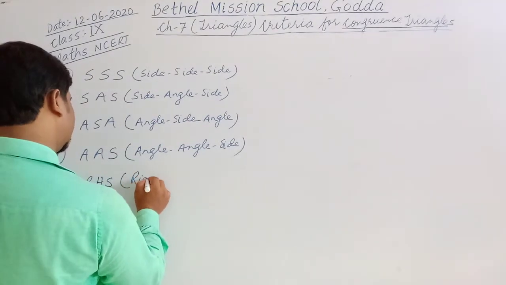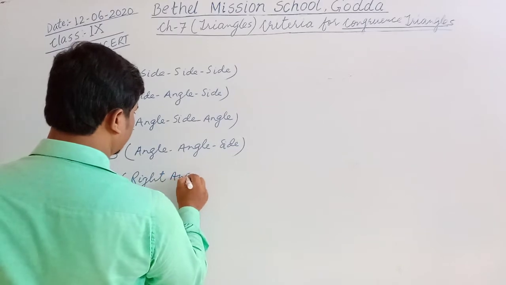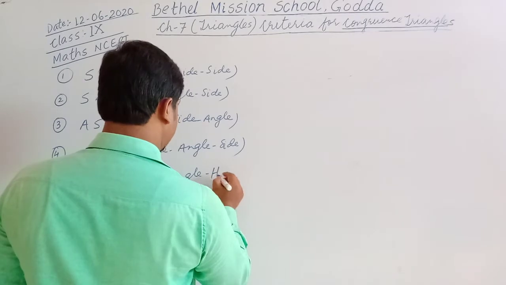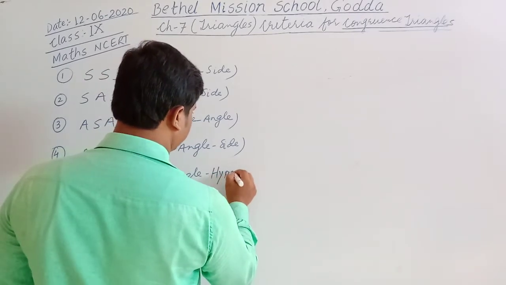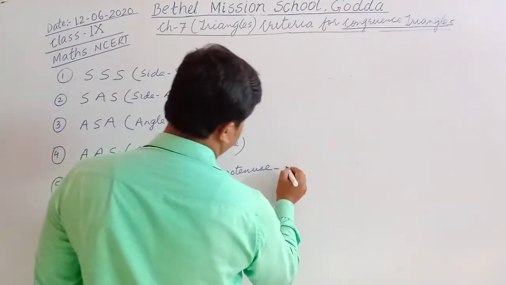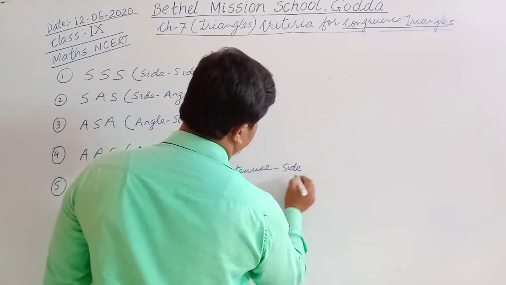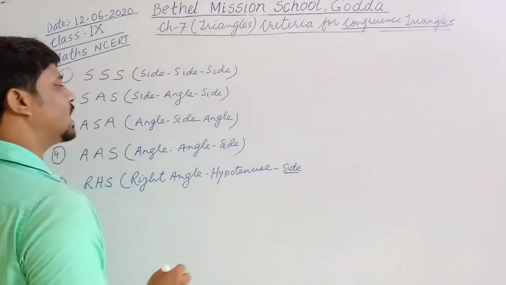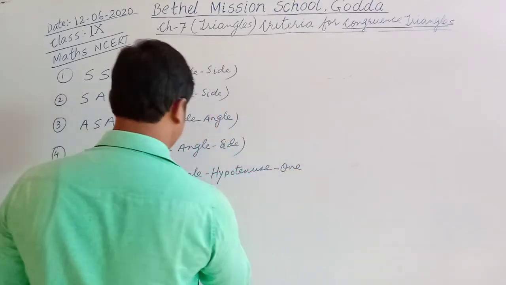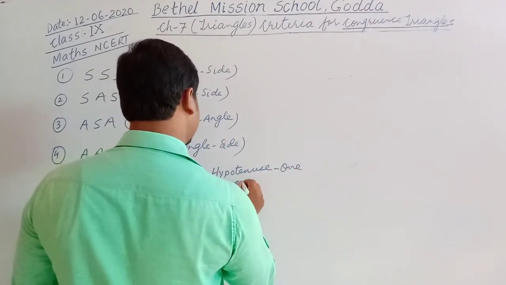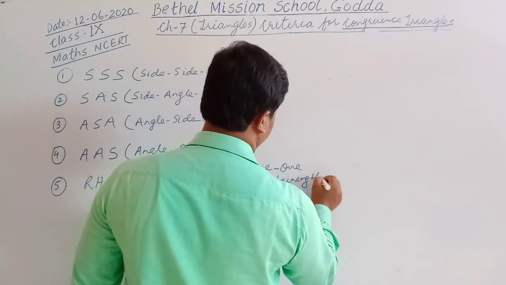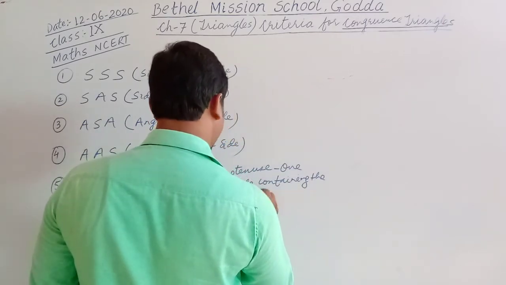R stands for right angle, H stands for hypotenuse, and S is side, one of the sides containing the right angle.